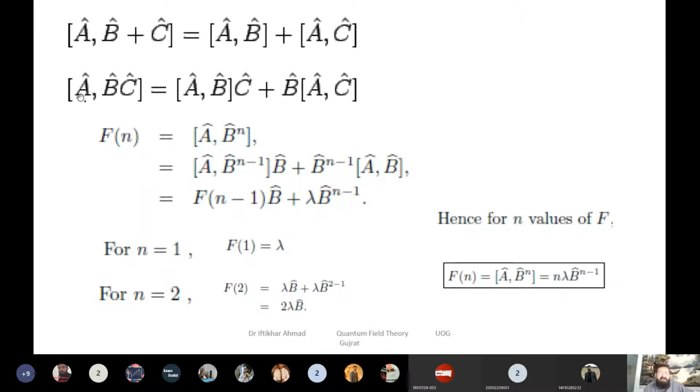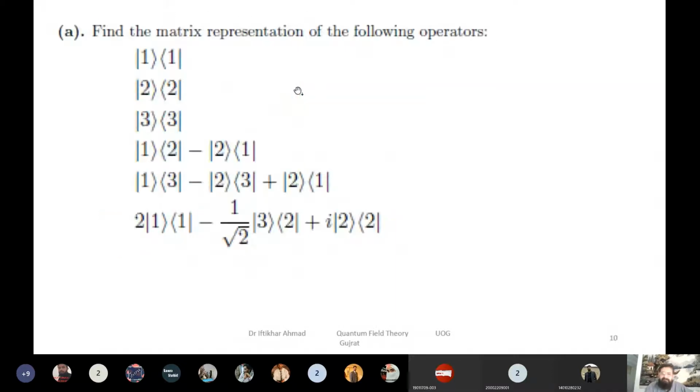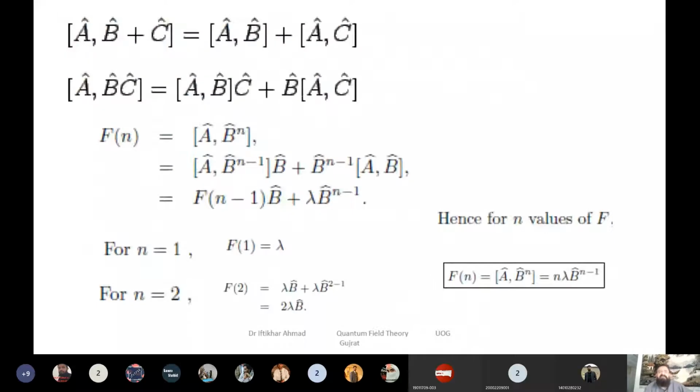Similarly, if you have A with the product BC, two operators multiplied with each other, you get the commutator relation: [A, B] into C because C is on the right hand side, and similarly you get B [A, C] because B is on the left side of C. So we are applying definition number 2 in the above example.